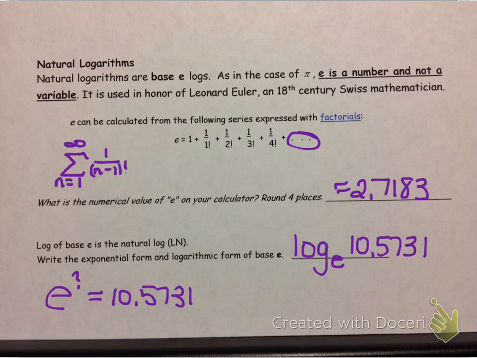It's not a perfect power of E. Okay, but you're not going to see it written as log base E. You're going to see it written as natural log of 10.5731. Okay, so natural log is a log with an invisible base of E. So it's just a reminder about those two logs that have buttons on your calculator.